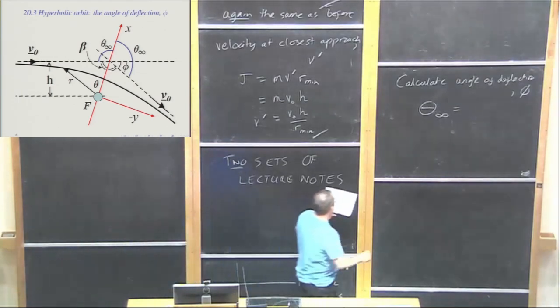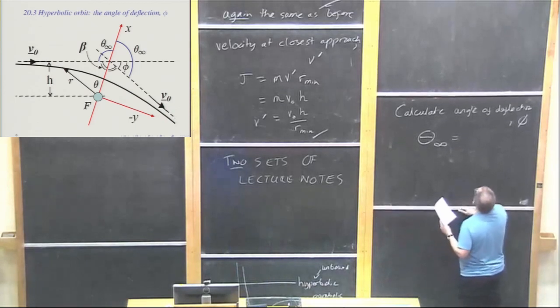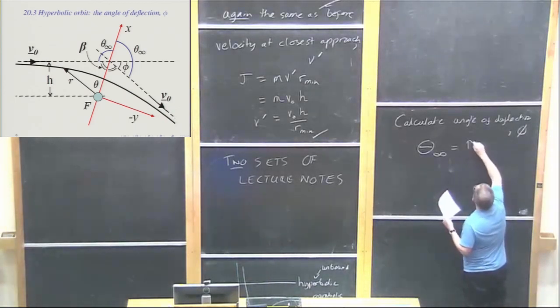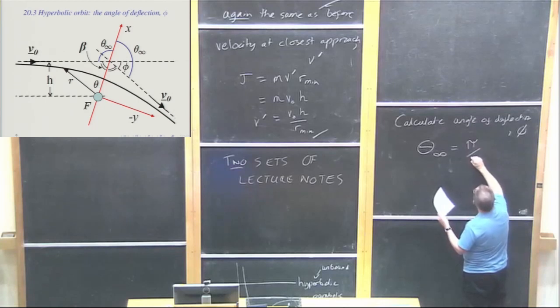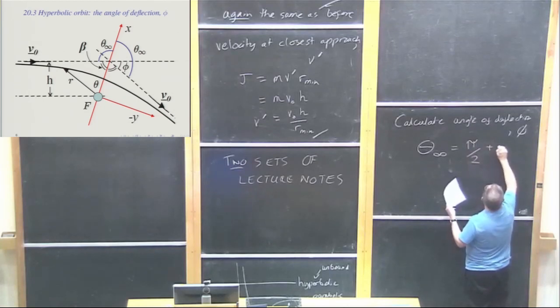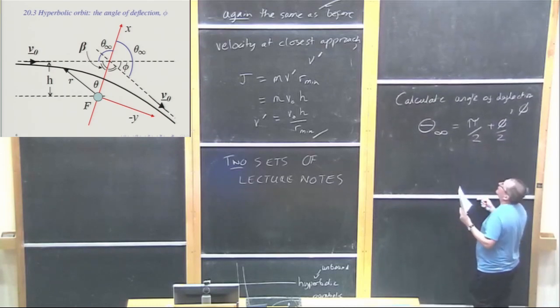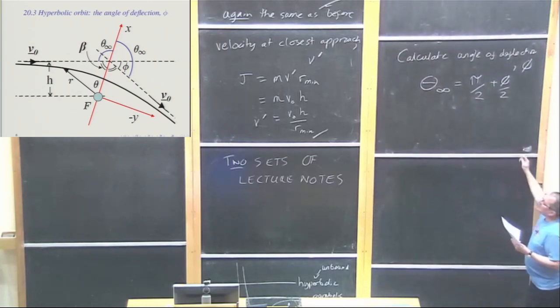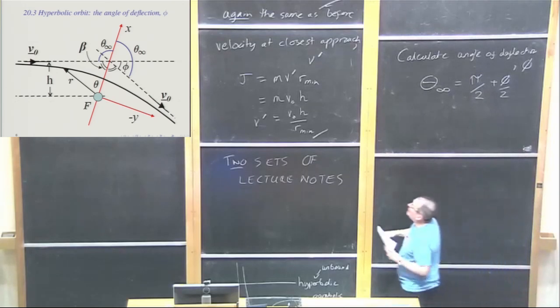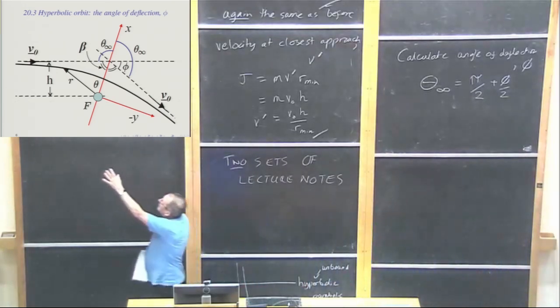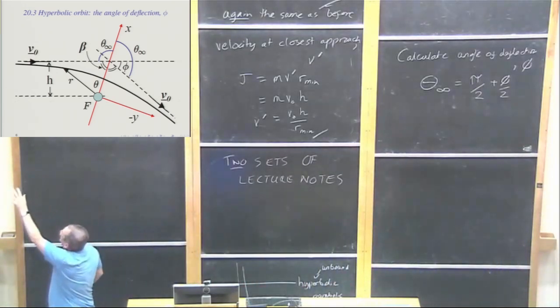And the relationship turns out to be that theta infinity is 90 degrees plus phi over 2, or pi over 2 plus phi over 2. Now that's something you should be able to easily see yourself. It's something which I won't explain here.